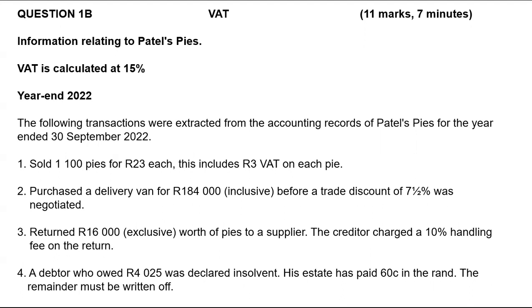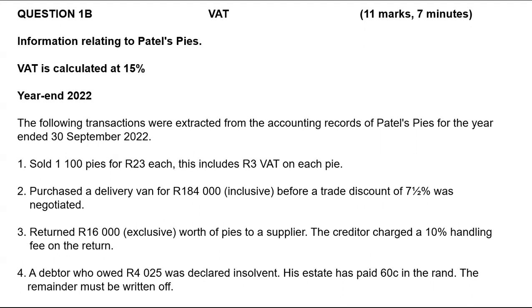The only thing that we care about is the VAT amount itself, the 15%. So just remember that when you're preparing amounts payable or receivable from SARS, the only concern that you should have is how you would calculate VAT. That's the only thing that matters.